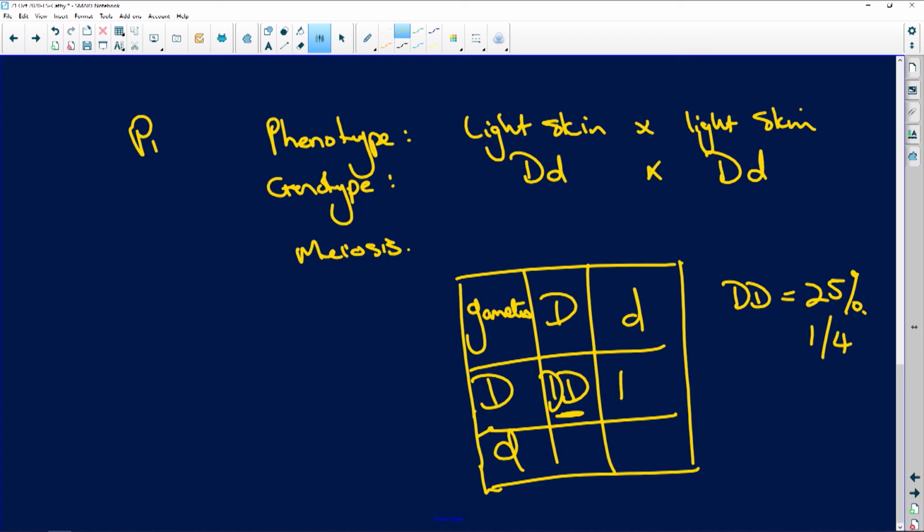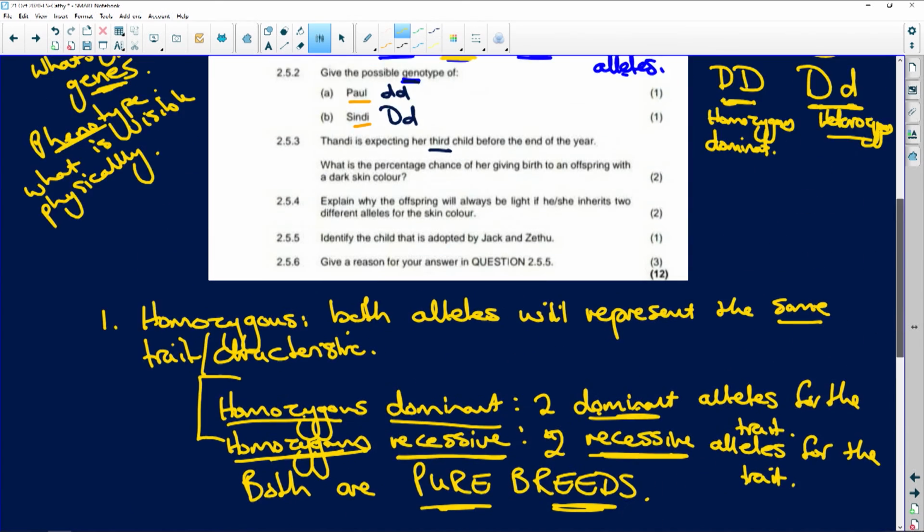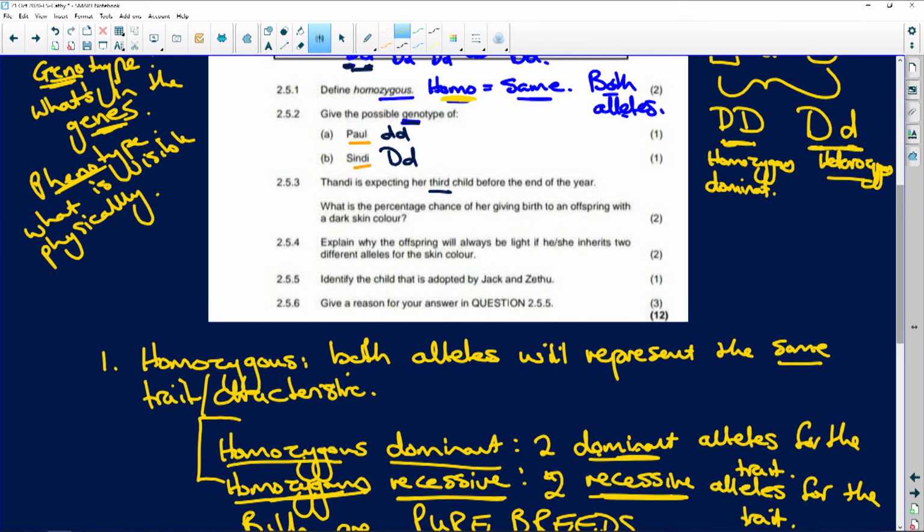Then capital D, lowercase d gives us a 50% chance, which is 2 out of 4. And look here, little d, little d: there is your 25%, or 1 in 4 chance, that they will have a dark-skinned child. And we've just answered our question.